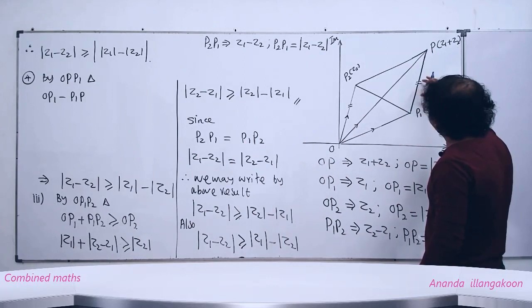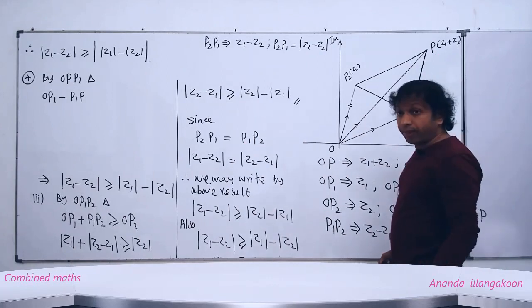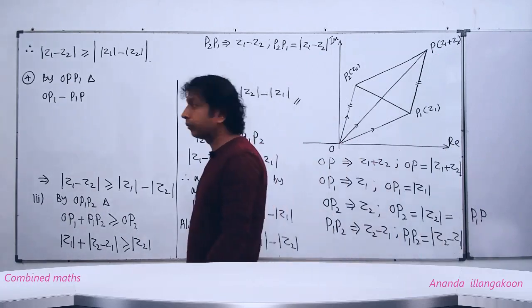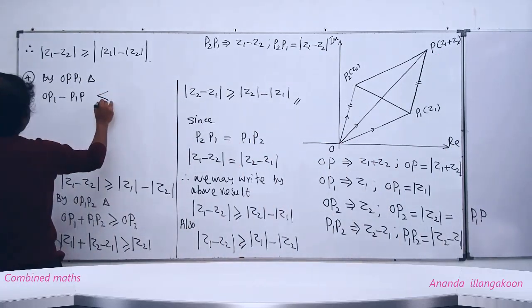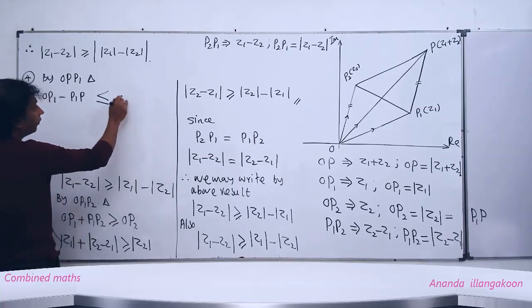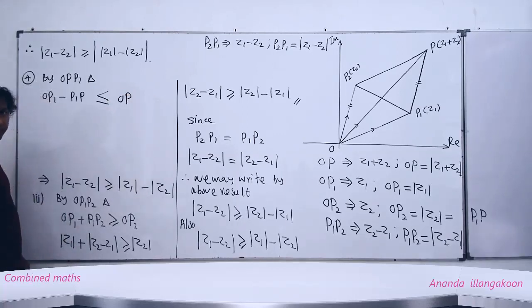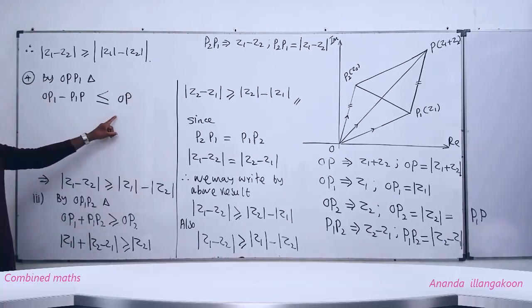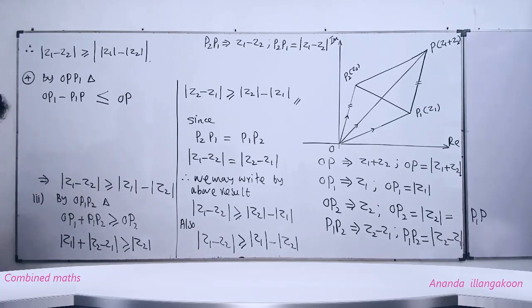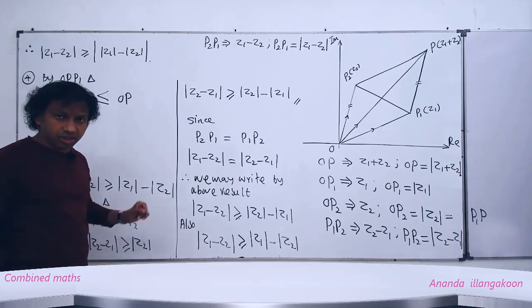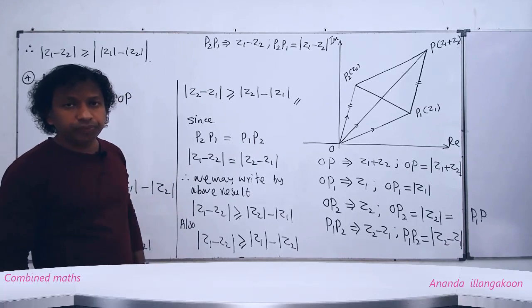I take the difference of these two sides. That difference, people, is less than or equal to the third side. There we use the result that the difference of any two sides of a triangle is smaller than or equal to its third side.